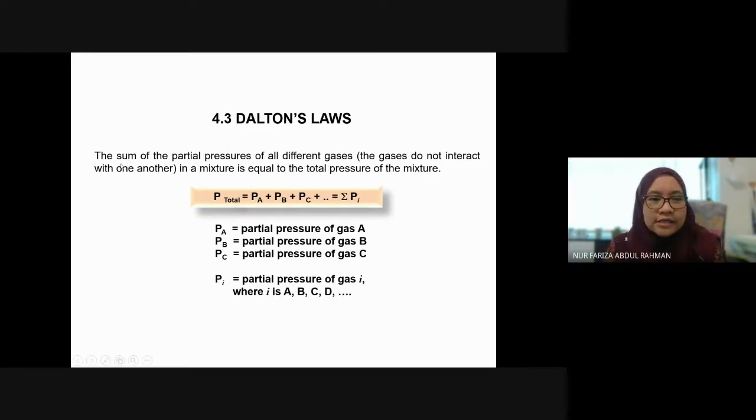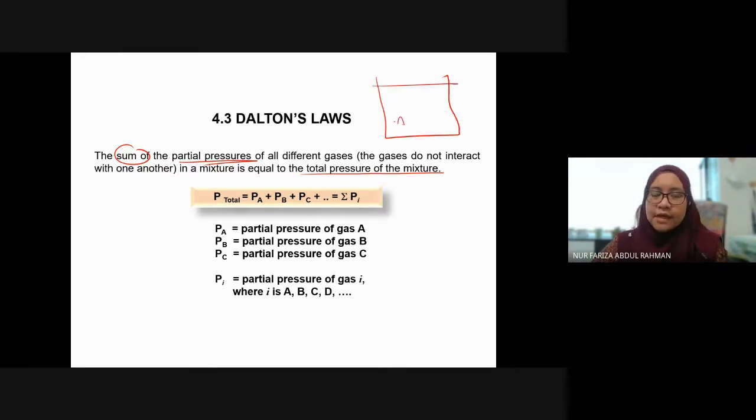Dia cakap the sum of the partial pressures of all different gases in a mixture is equal to the total pressure of the mixture. Take for example, imagine we have a container.